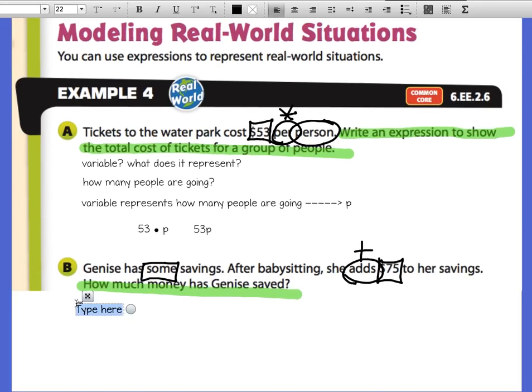So my variable represents how much Janice starts with in her savings. So I'm going to use S for savings. I know I'm very original. And so I know she starts with S savings. Adds is very plainly told to us here, and she's adding $75.